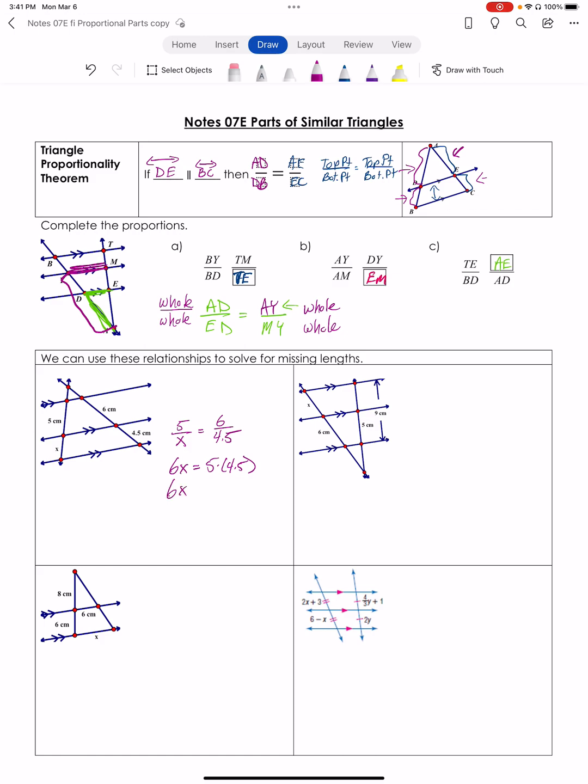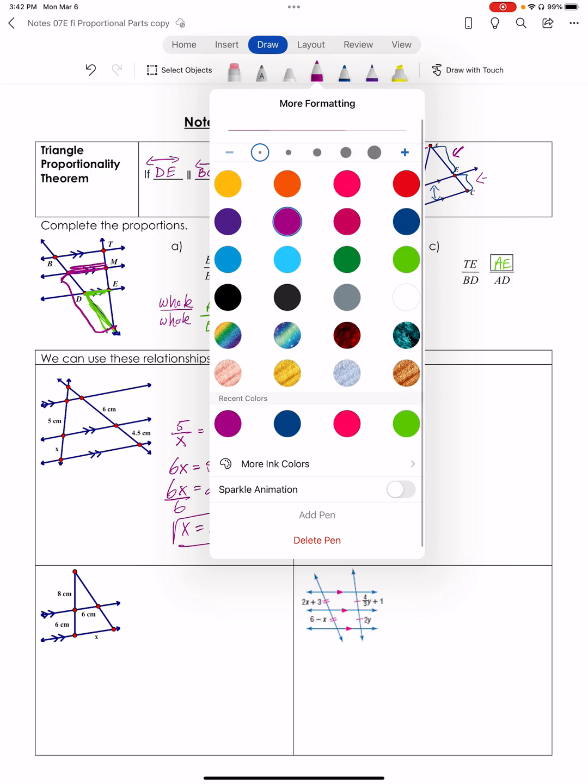So this is 6x is equal to 22.5. And if I divide by 6, x is equal to 3.75, and that's my answer. And it makes sense in terms of the problem.